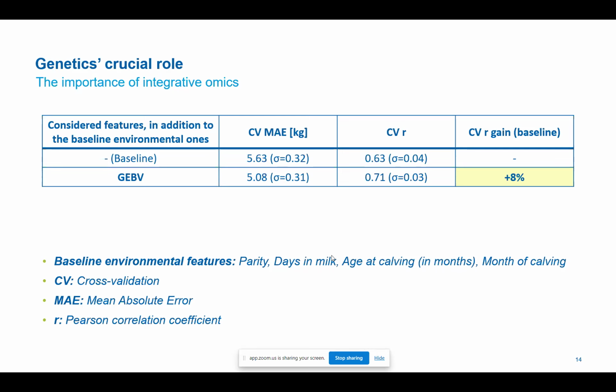Predictions without genetics are significantly worse than predictions with genetics. So this is the importance of including genetics in the problem formulation, and including it in a way that is as simple as possible, with the lowest number of features possible. In our case, a single feature, the genomic breeding value, because it can really boost the machine learning performance.